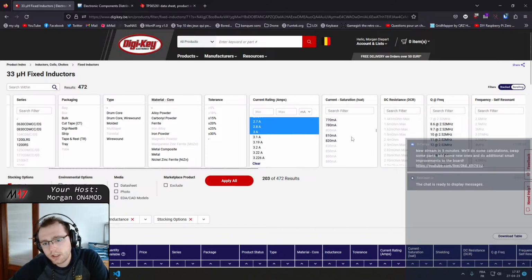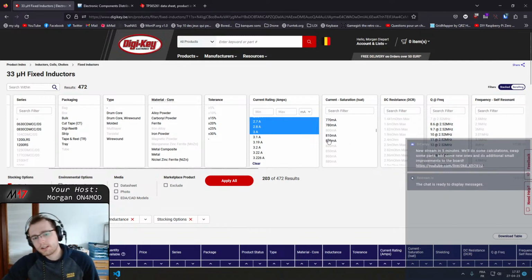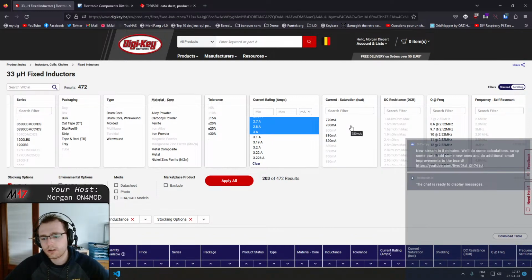And same way here, saturation. So current rating is the maximum current that can go through without the coil overheating or something like that. Saturation is tied to the materials from which the core of the inductor is made, and at some point, if you have too much current going through the inductor, the magnetic field in the core will be so high that the core is really saturating, and then it behaves as if it was air in the coil instead of ferrite or iron or something like that.